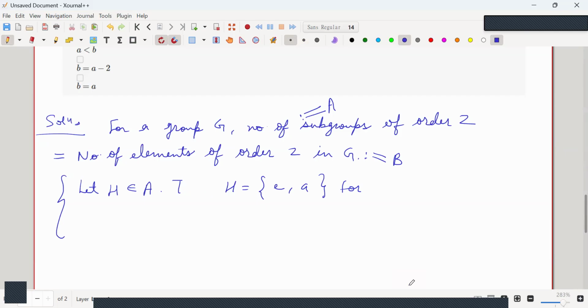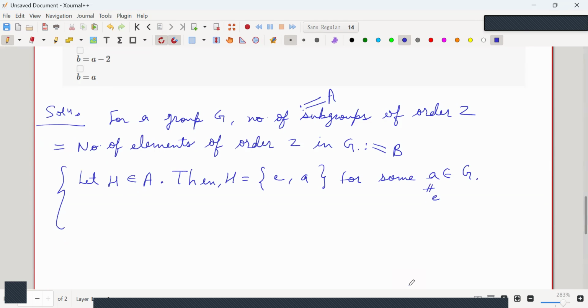Then your subgroup must contain the identity and there is one more element, right? So H is just E and A, it has just two elements, E and A, for some non-identity element A belonging to G, right?